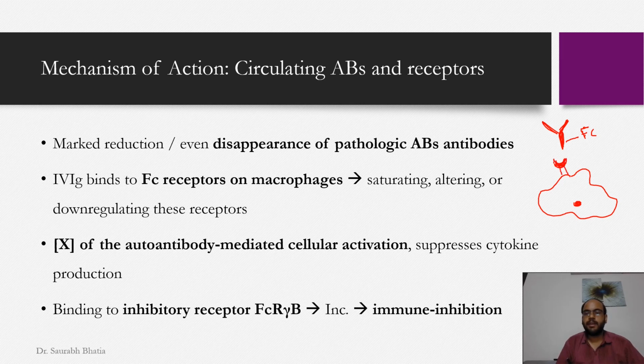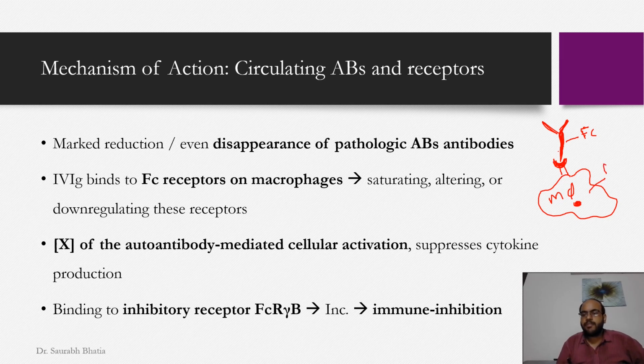Let me just label it, this is a macrophage. The macrophage will think that there is a lot of immunoglobulin surrounding. It cannot differentiate between the body's immunoglobulin or the therapy immunoglobulin. So a lot of receptors get saturated with these immunoglobulins.